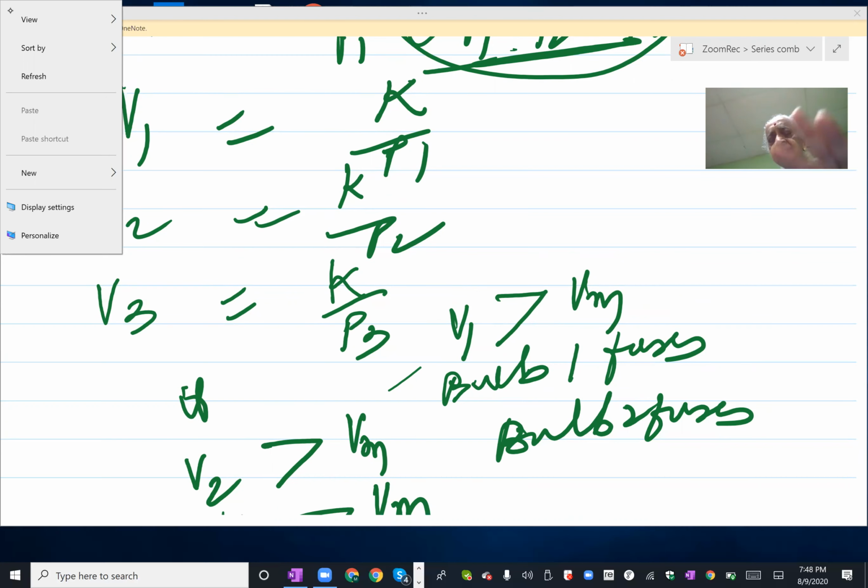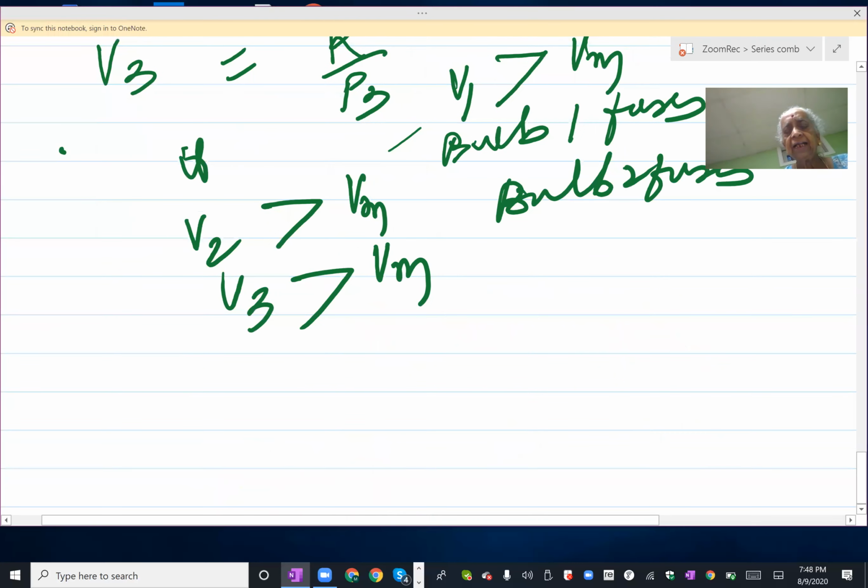So accordingly, when we tackle the problem, we will do these in detail. As far as now it is concerned, you have a problem where the V supply is much greater than Vm, consequent on which the voltage drop across any one of the heaters or bulbs is greater than the V marked, and that bulb or heater will fuse out. This is what you have to understand.